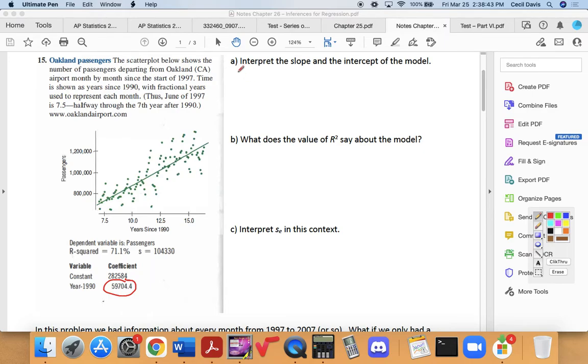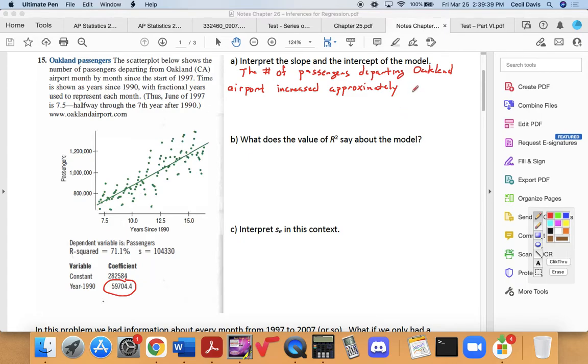So, the number of passengers departing Oakland Airport increased approximately, and the reason we have to say approximately is because it didn't do this every month.